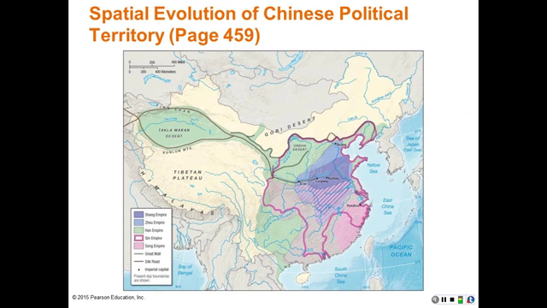Spatial evolution of Chinese political territory. This map is from page 459 in your text and shows the extent of the early empires into almost modern times. The Shang Empire in the darker blue or purple color was the original core of the region.